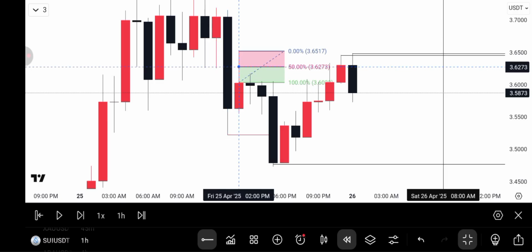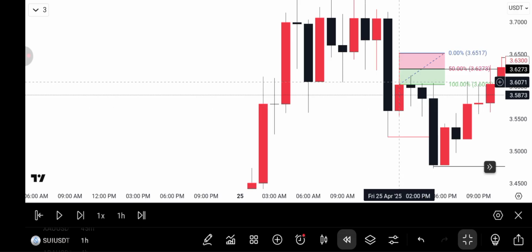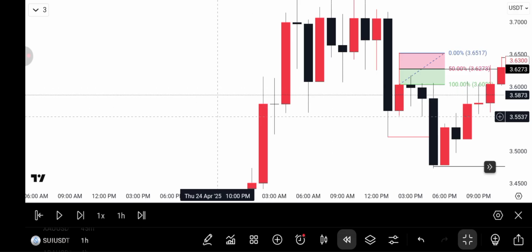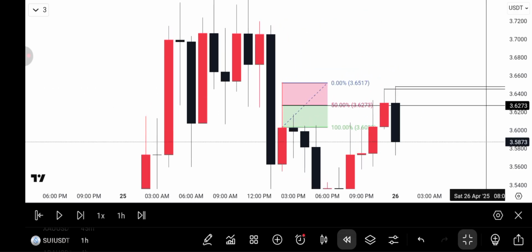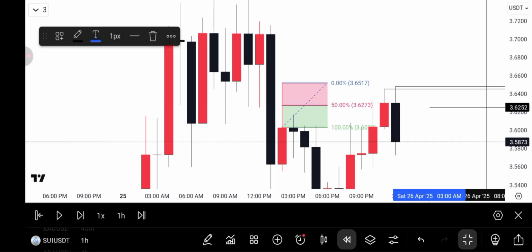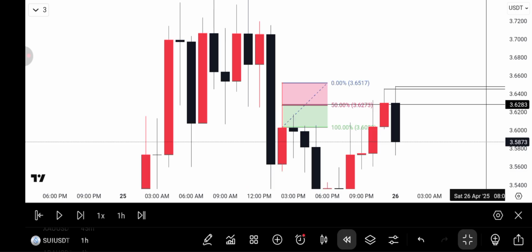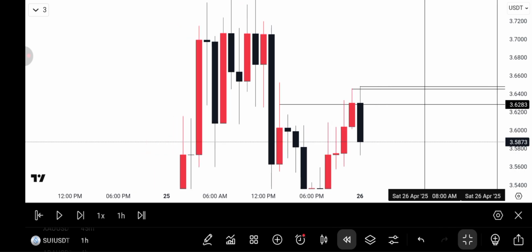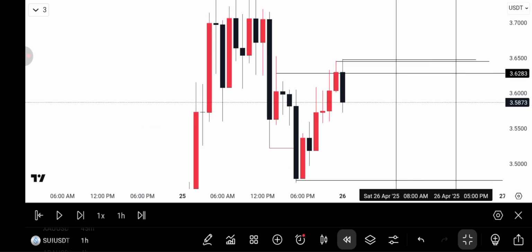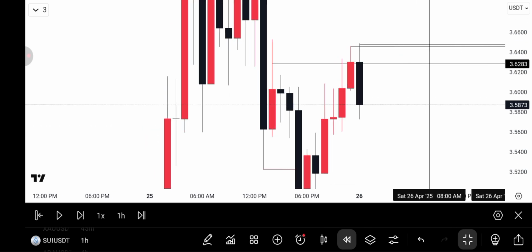If price breaks the 50% and continues, that is just like our continuation. These are 50%. So now already you can see price is already rejecting the 50% of this long candle, right?